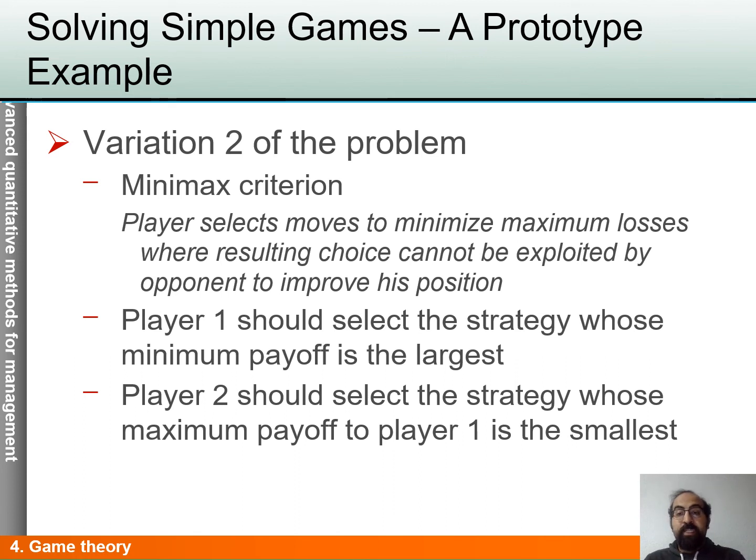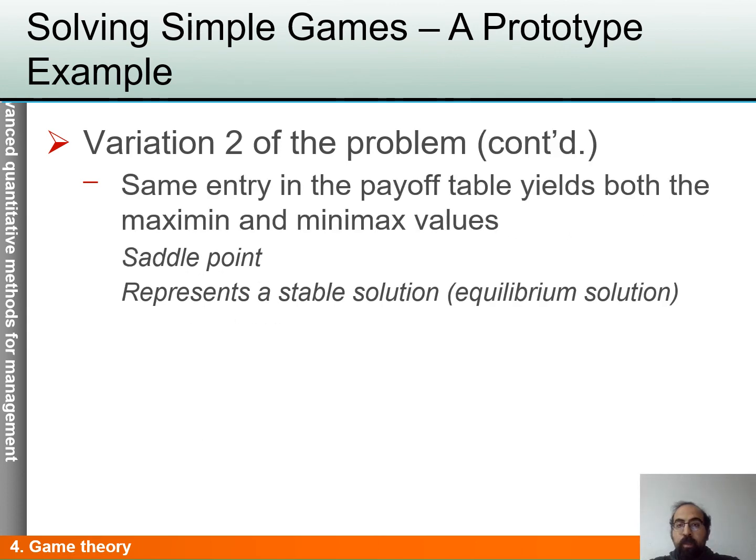Player 1 should select a strategy whose minimum payoff is the largest, for sure, because there are two different points of view, and player 2 should select a strategy whose maximum payoff is the smallest.